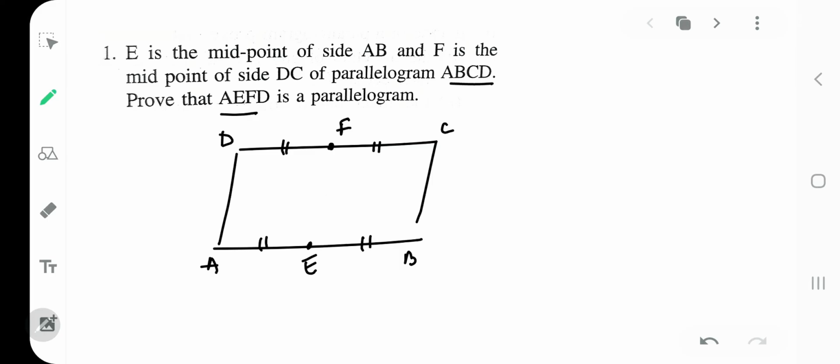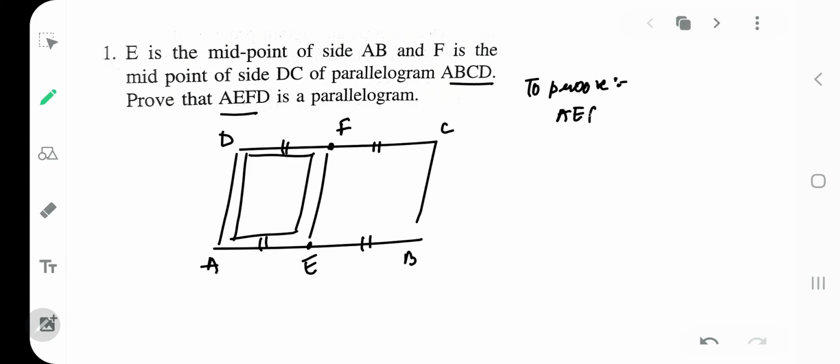If I join this, you have to prove that quadrilateral AEFD is a parallelogram. So you will write, to prove: quadrilateral AEFD is a parallelogram.